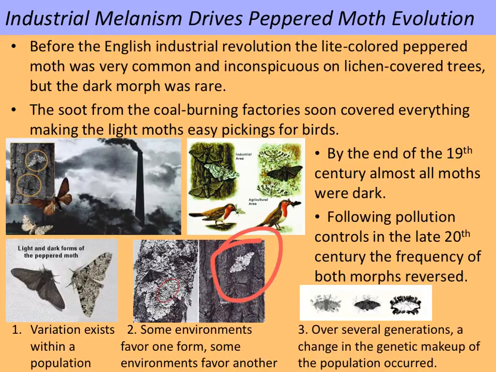And so suddenly the dark forms that were now more prevalent were becoming more rare because they got picked off by birds. As the environment started to clean up, there are very few dark trees anymore because there's no longer coal being burned.